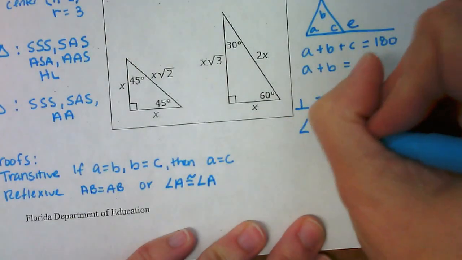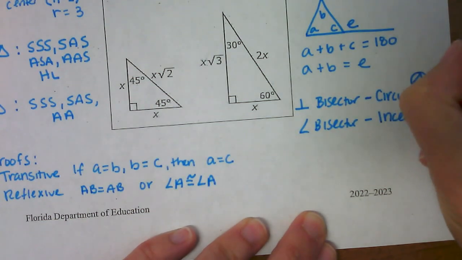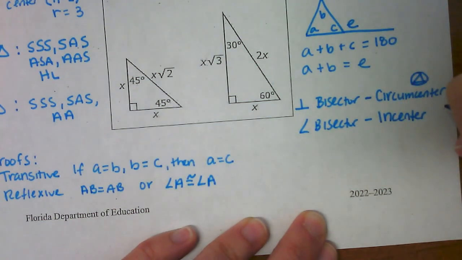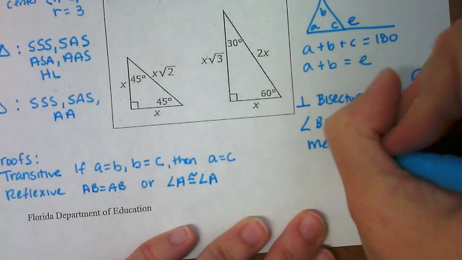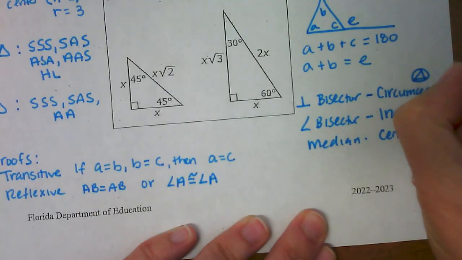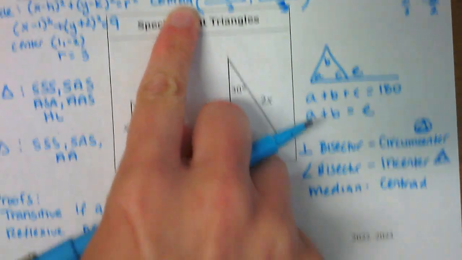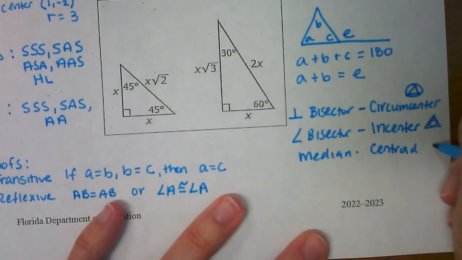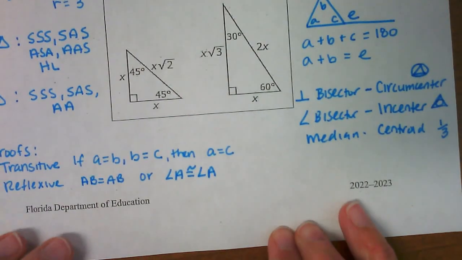We have an angle bisector, and if we make those in a triangle, we get an incenter, and that is when you have a triangle with a circle on the inside. And then when you have medians, you're going to deal with the centroid, which we wrote that formula up here, but then we also want to remember that 1/3 is super important when we're dealing with a centroid.